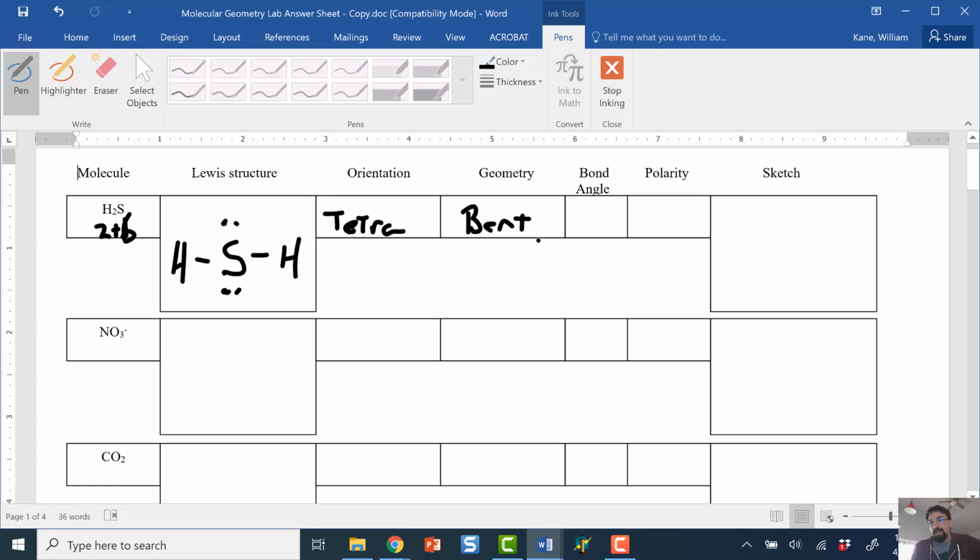Since this is tetrahedral and bent, we're seeing that the angle of our bonds is less than 109 degrees, and since there's 2 lone pairs, it's much less than 109 degrees. If we're going to talk about the polarity of this molecule, the sulfur to hydrogen bond, check my periodic table here. The sulfur to hydrogen bond does show up as being a difference of 0.4.